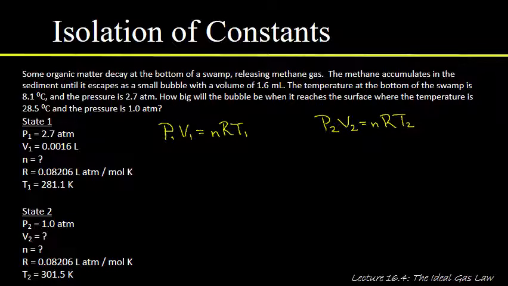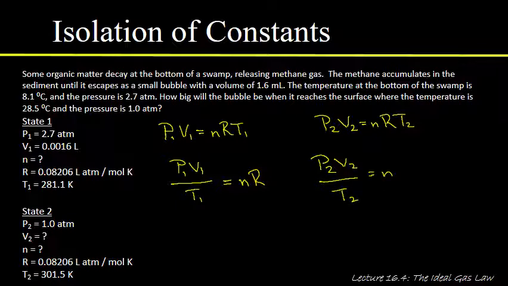In order to do that, we divide both sides by temperature, and that gives us P1 times V1 divided by T1 is equal to n times R. And for state 2, we get P2 times V2 over T2 is equal to n times R. And now, if n and R are both constants, then that whole thing is a constant.